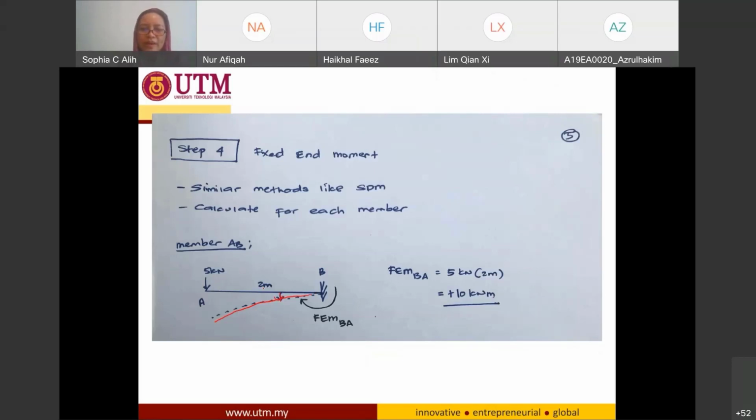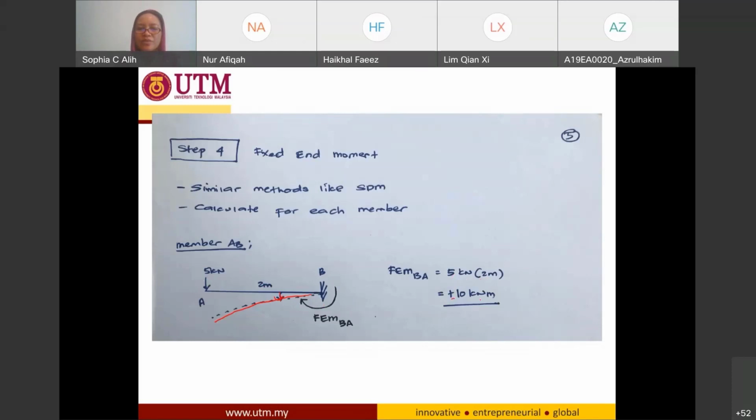So in order to push this member back to its original position, you need to introduce another moment, what we call the fixed end moment, FEMBA, that tries to push your member back to its original position. So the direction is going to be clockwise, because it's trying to push it backward. Now, since it is clockwise, it's going to be positive, right? And the value is going to be the axial load times the moment arm.